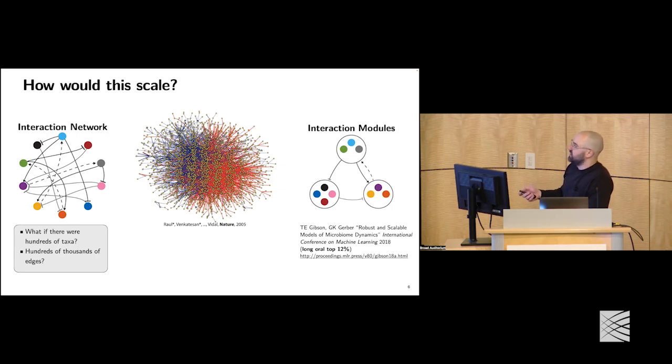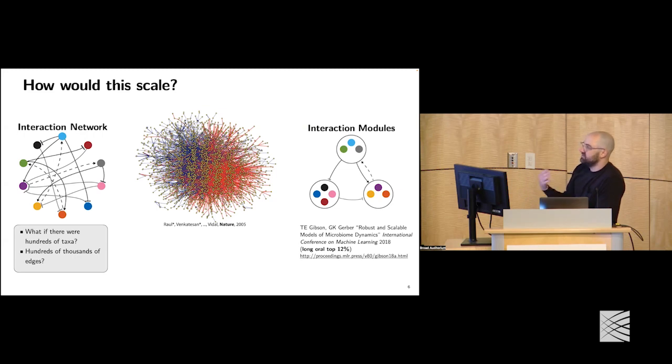Once again, if the taxa are in these yellow, purple, and orange in the bottom right, we think about these modules as working in concert, so that everything in this module interacts with everything in this other module in the same way. And as addressed in the previous talk, this makes inference more efficient.